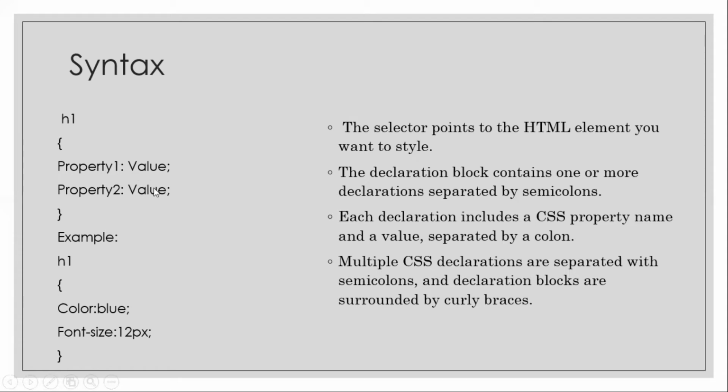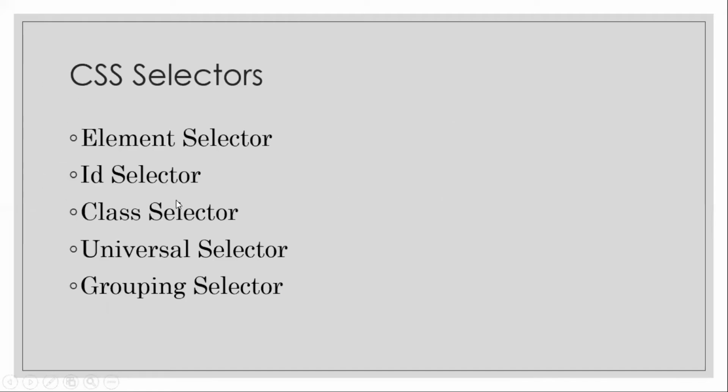And when it is completed, we have to give a semicolon, because we can apply multiple things to one particular element. That's why multiple CSS declarations are separated with semicolons, and declaration blocks are surrounded by curly braces, as you can see. So this is the syntax of CSS.